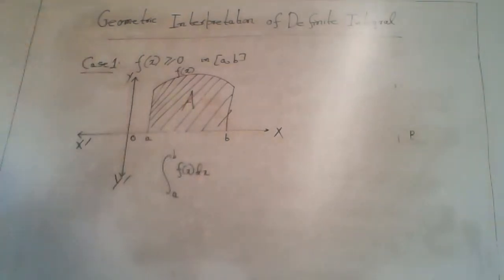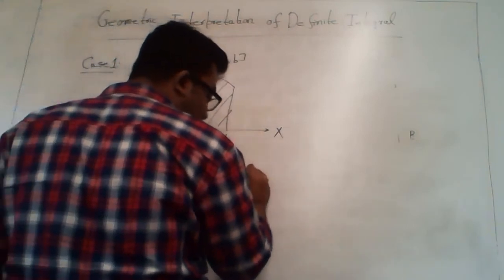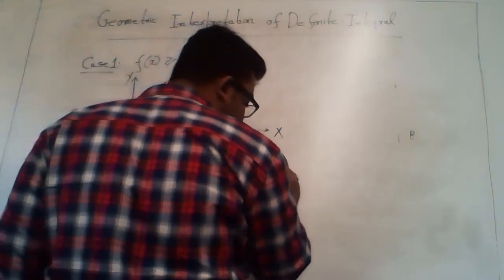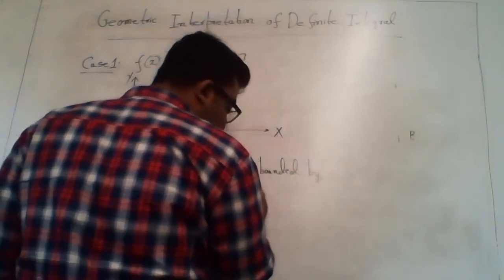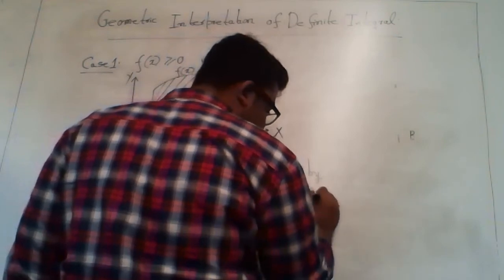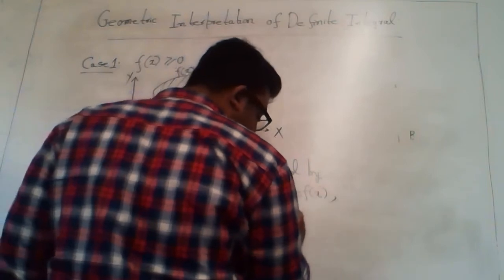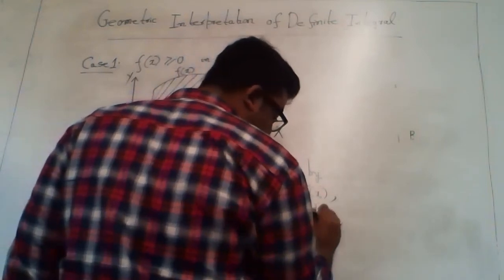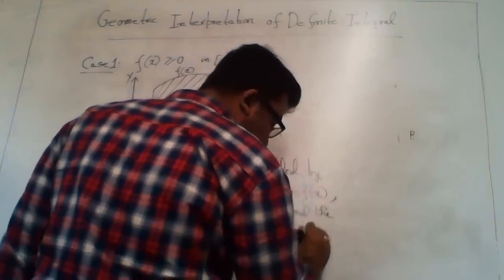So what is this area? This is the area bounded by the curve y equals f(x), x equals a, x equals b, and the x-axis. This is very important, x-axis.